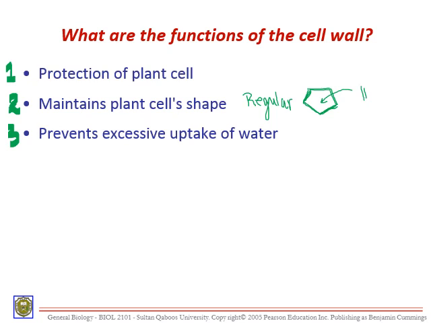Okay, water can enter, but there is a limit to how much water can enter the plant cell. Okay, and again, we are going to study this in detail in the next lecture, inshallah, and you're going to see a difference between plant cells and animal cells when water enters into the cell. How does each one behave?